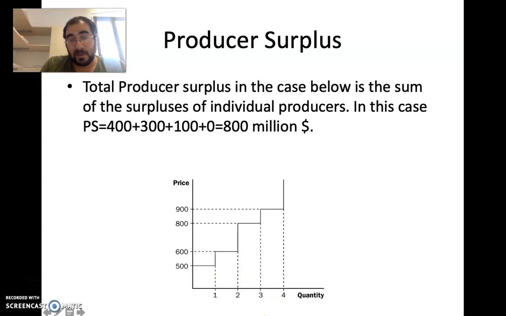Again, if I draw a triangle like this, the area of the triangle is roughly representing the producer surplus. The rectangles are there, but there are some triangles at the very top of the rectangles, which are actually not part of the producer surplus, but part of the area of the triangle.